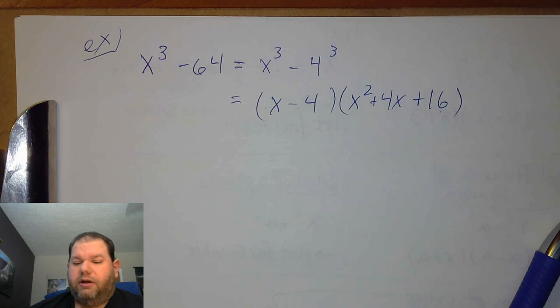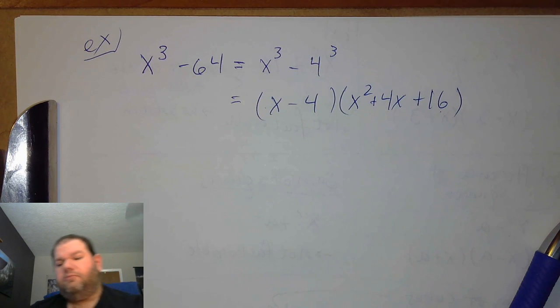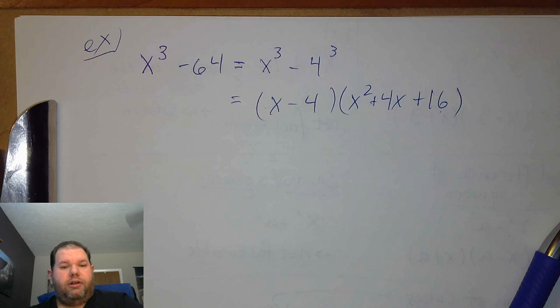Now, overall, we're not going to be factoring sums or difference of cubes all the time. It's actually much more likely that we see a difference of squares like we had looked at already, rather than looking at one of these.